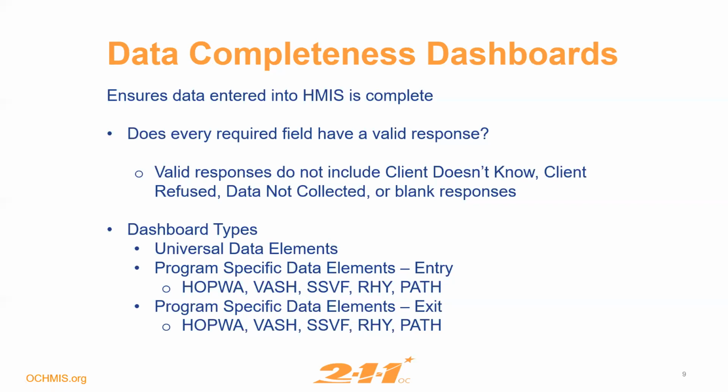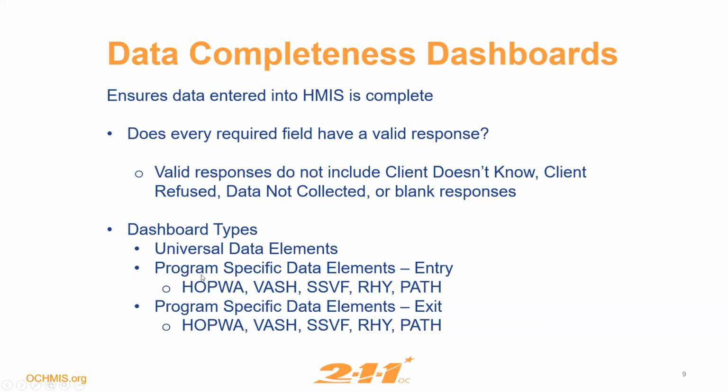And so obviously there's a lot of different types of data in HMIS, which in turn will mean a lot of dashboards. So we have a universal data elements dashboard, which is a lot of client demographic information, and will be run by all agencies because all agencies are required to collect that data.